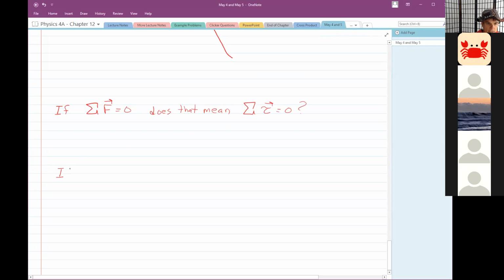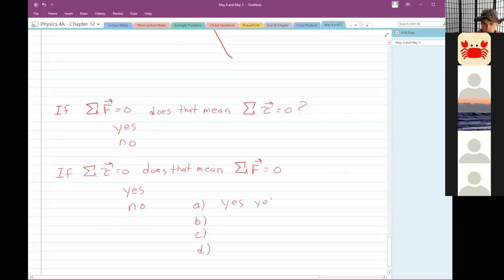And second part of this is if the sum of the torques on an object is equal to 0, does that mean the sum of the forces on the object is 0? So let's say this is yes, no, yes, no, and so kind of asking this as a clicker question, A, B, C, D. We've got yes, yes, yes, no, no, no, no, yes.